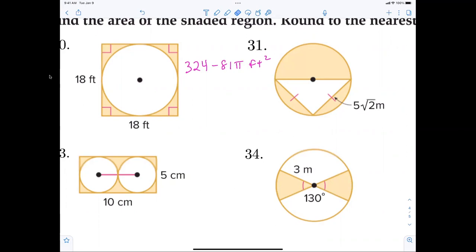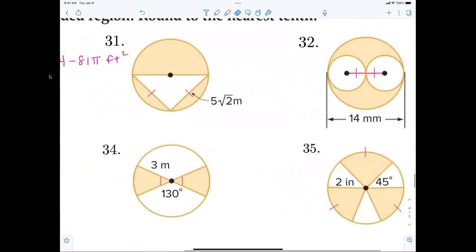All right. Because this is a little bit more challenging, let's go ahead and check out 31. Everyone write down the area of that shaded region for number 31.